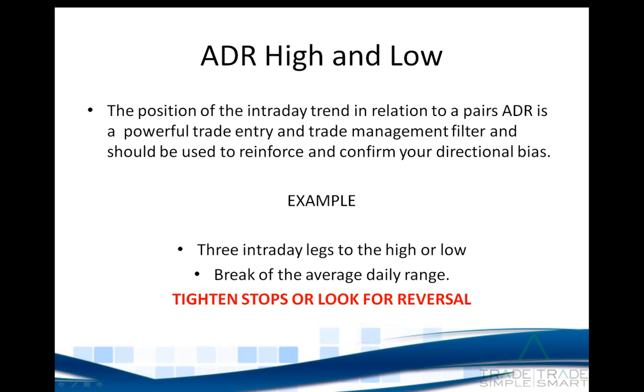So if we've seen 3 intraday legs to the high, for example, and the average daily range for the currency pair has been met or even penetrated, and we're about to enter into the US session, the logical step would be for you to either exit the trade, tighten up your stops, and then look for a reversal during the New York session.